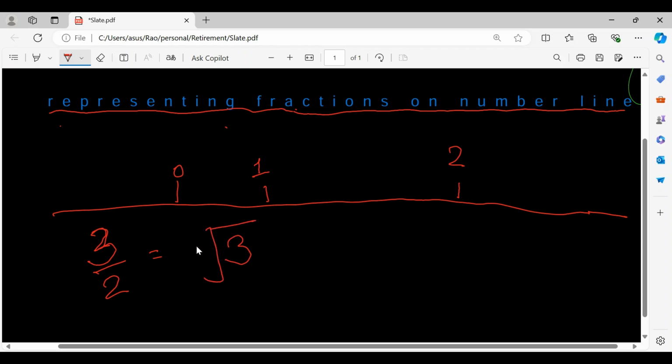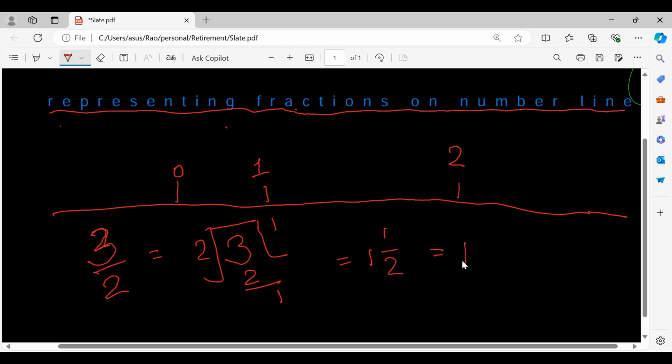If that is divided, 2 ones are 2, and the remainder is 1. So this will be written as 1 integer and 1 by 2. So we have here one integer.